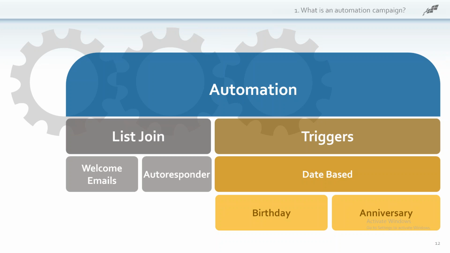The welcome email is the most common example of emails that are triggered when someone joins the list. Another type of autoresponder series could be created by creating a list, creating an autoresponder series, and adding desired contacts from one list to another list. And I will show you how to do that as well.